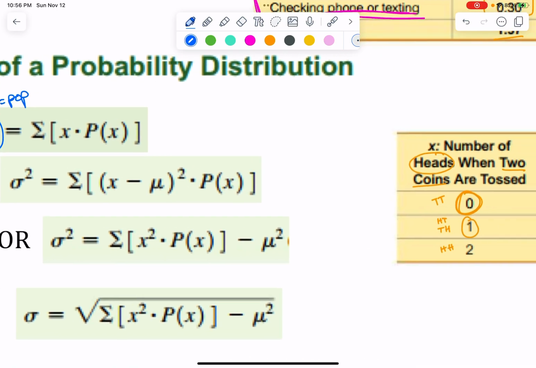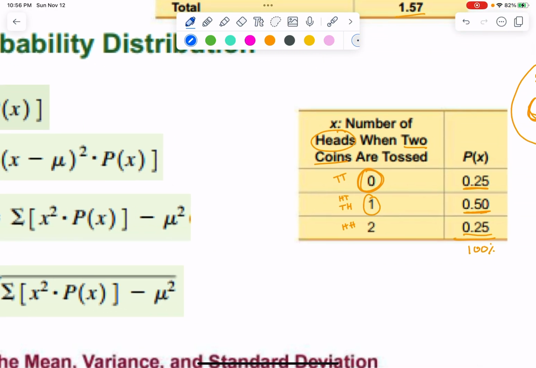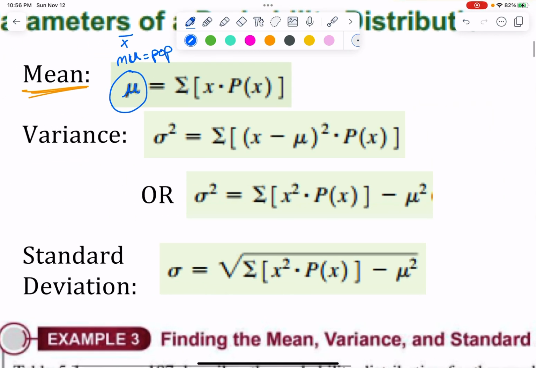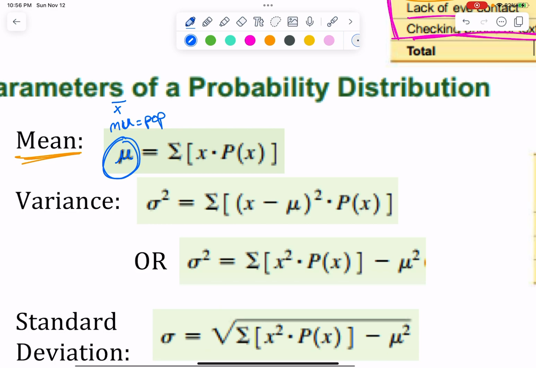So let's say the population, I did not flip any more coins than just those 4. This is talking about the population of all coins, when we're looking at all outcomes of coins. Mu is the symbol that we use because we're talking about the population of all outcomes of coins, okay? This guy means the sum of all the x's times the p of x's.